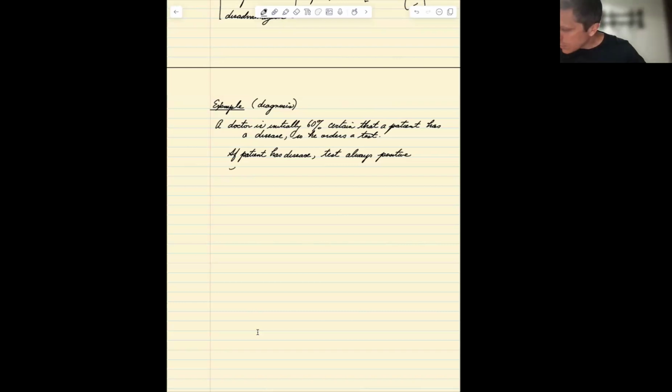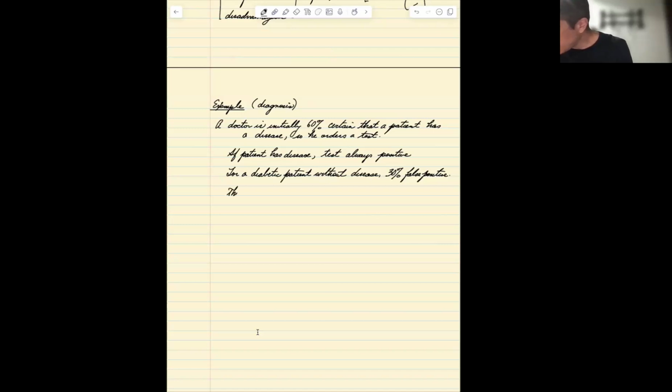Now, for a patient without the disease, there is a 30% false positive rate. What that means is that if the patient does not have the disease, the test will still return a positive result, suggesting there is a disease, 30% of the time.